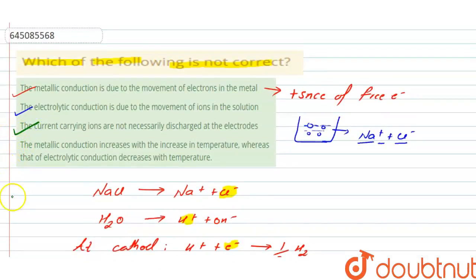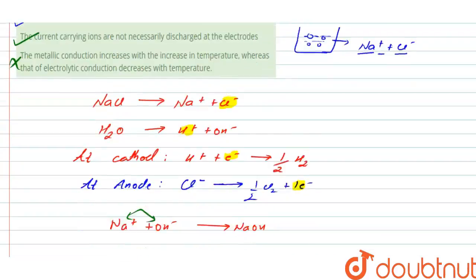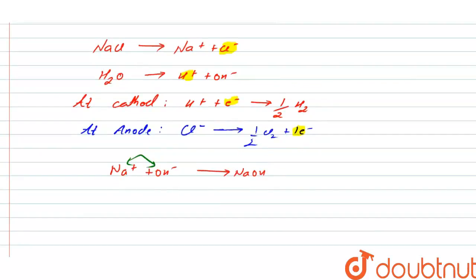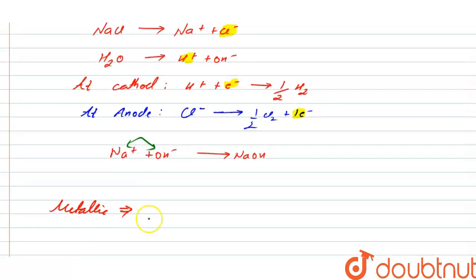Now in the last statement we have given that metallic conduction increases with the increase in temperature, whereas electrolytic conduction decreases with temperature. This one is wrong. In a metallic conductor the flow of electricity is due to the movement of electrons, and in a metallic conductor we have kernels.